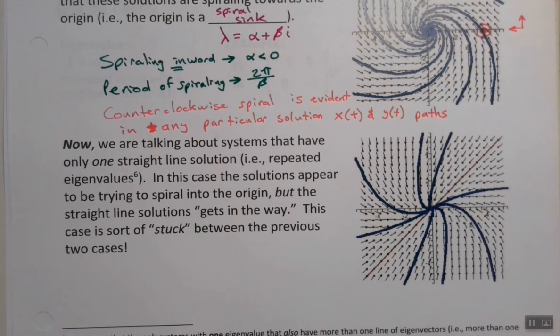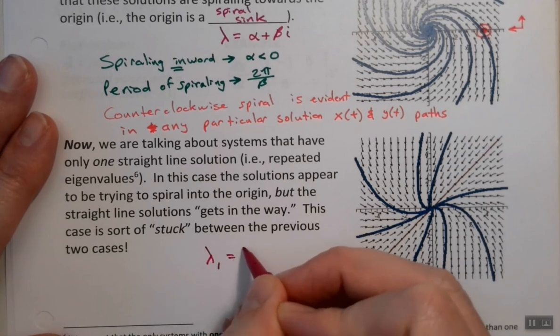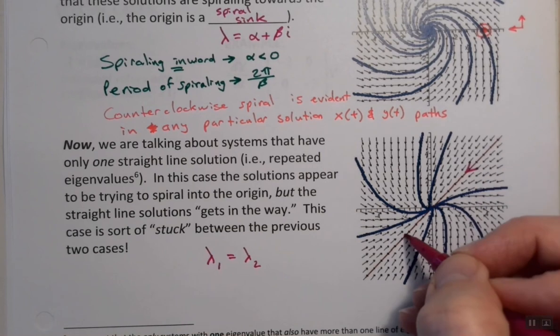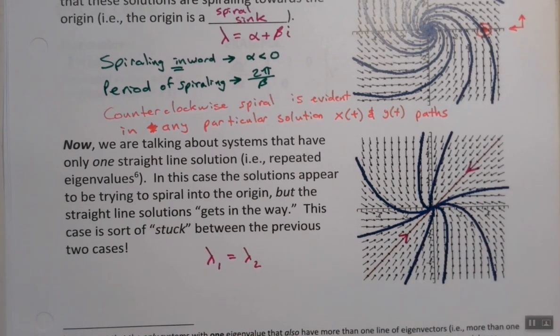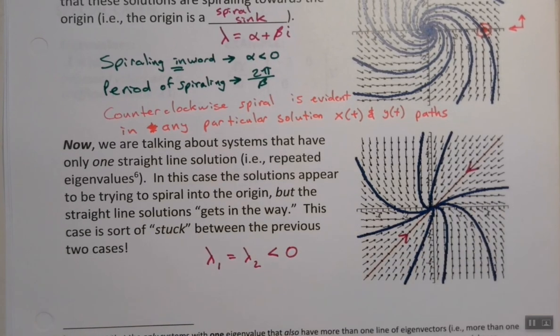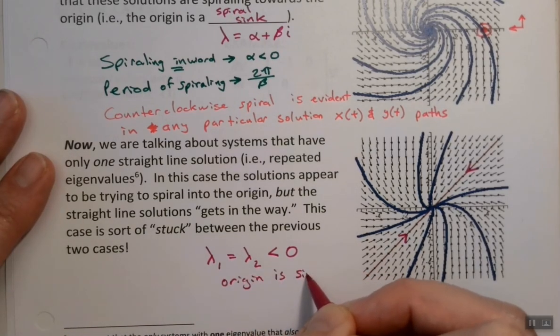Here, we can't say much about what's going on, except we can say that lambda 1 equals lambda 2, and because the center is a sink in this case, you know that both of these are less than 0. We can't say a whole lot more than that. And so the origin is a sink.